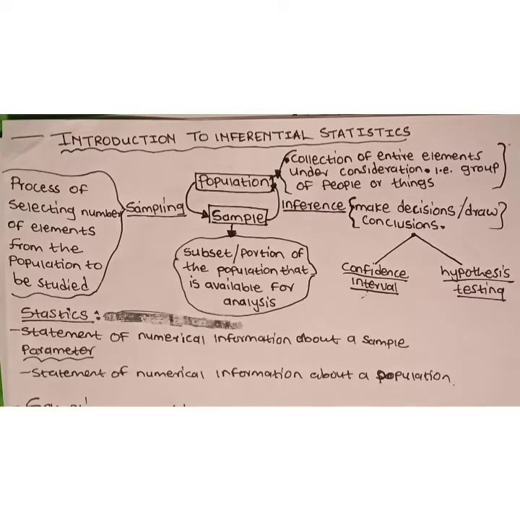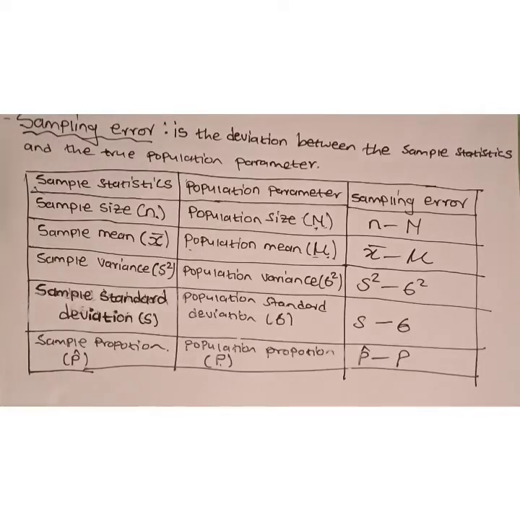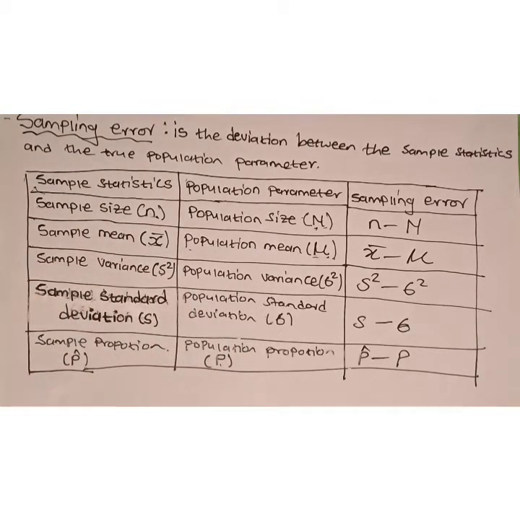Also know that when collecting data we may experience an error, called non-sampling error. We also have sampling error, the deviation between the sample statistic and the true population parameter. Our sample statistics are point estimates, which are estimator functions from the sample used to estimate the population parameters.